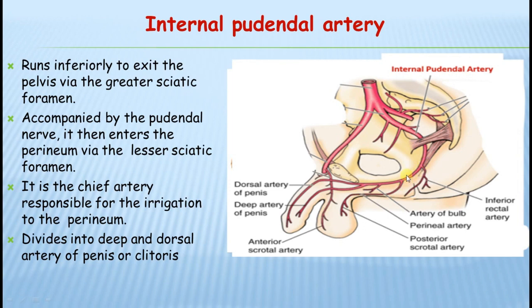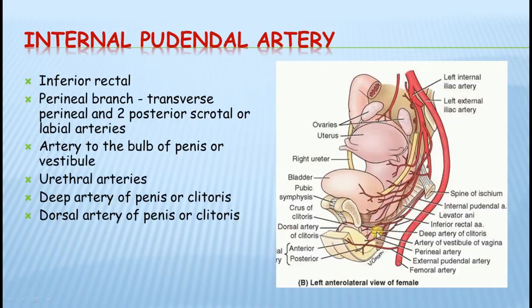Then it is seen in the pudendal canal or Alcock's canal in the lateral wall of the ischiorectal fossa, and finally divides into the deep artery and dorsal artery of the penis in males and the clitoris in females. So the branches of the internal pudendal artery: in the pudendal canal it gives the inferior rectal branch.